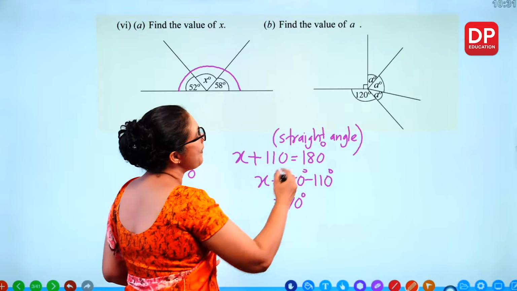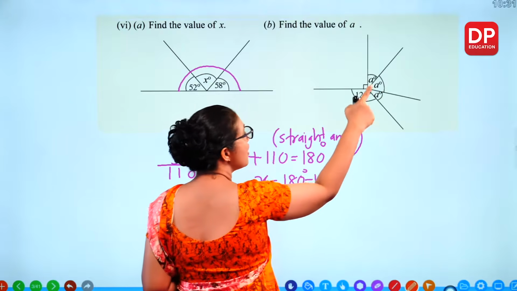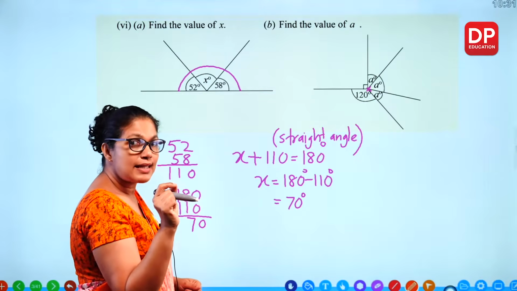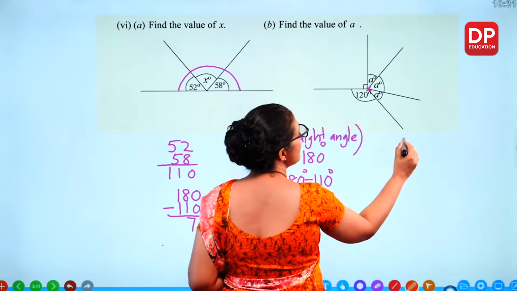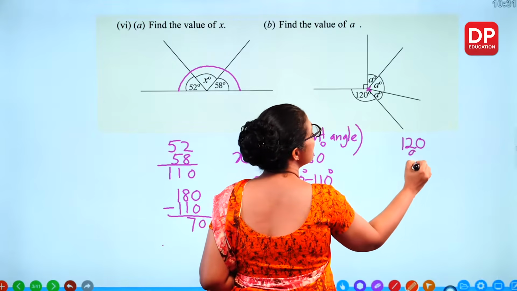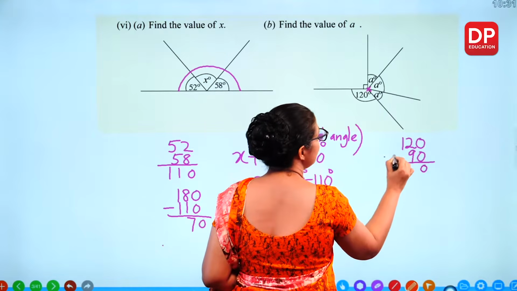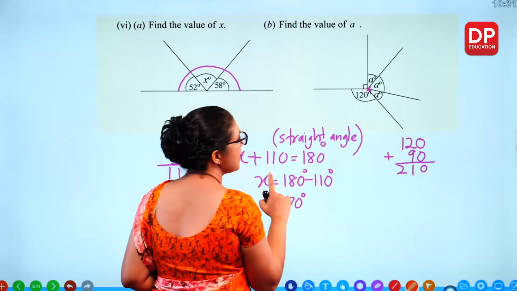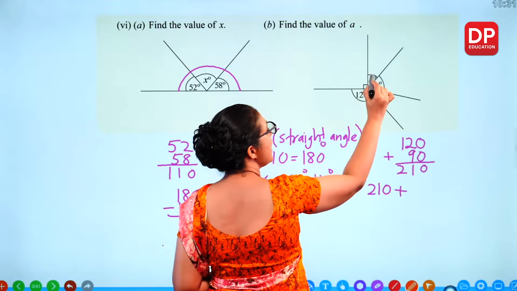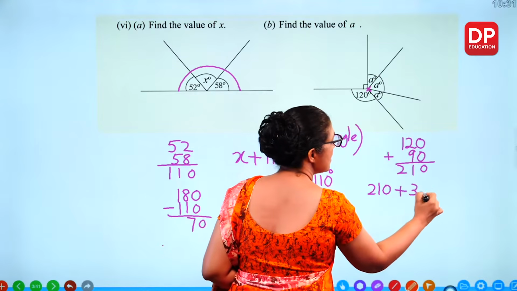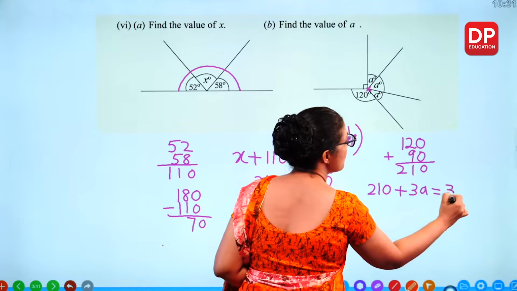This one, this is a point. Around a point, the angle sum is 360. So you can write 120 and 90, first add them, 210. So you can write 210 plus A 3 times. 3A is equal to 360.